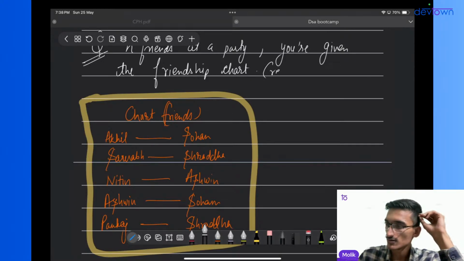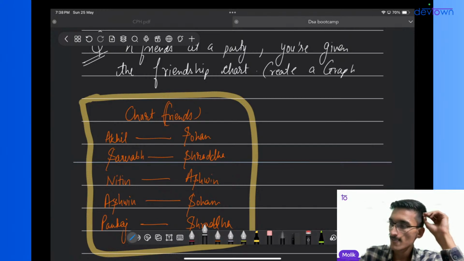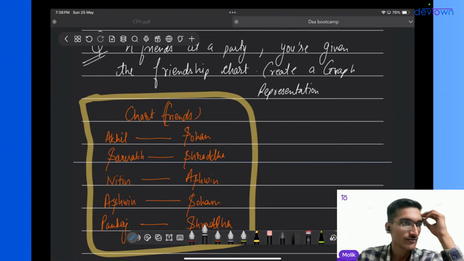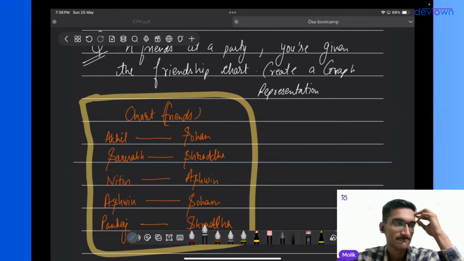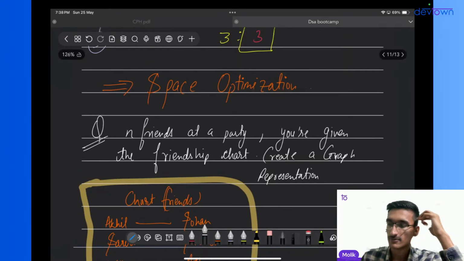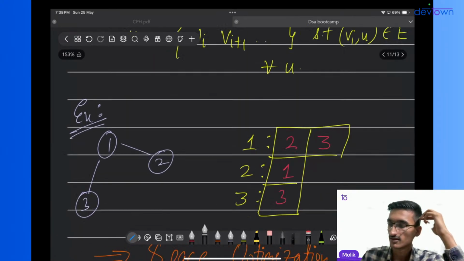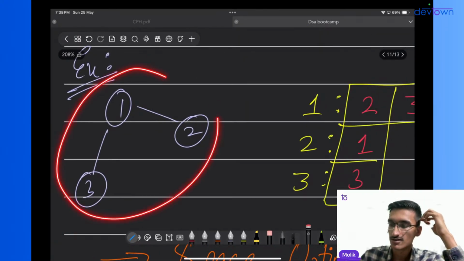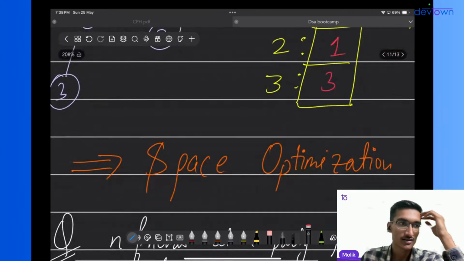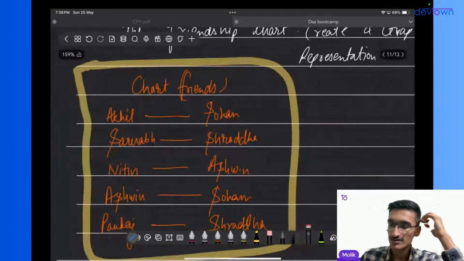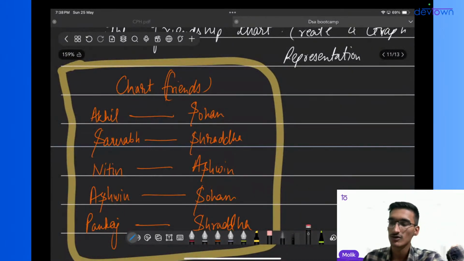So the question is, no, I mean like graph representation like this. This is a graph pictorial representation. I am asking, no, just tell me what will be the vertices and what will be the edges.